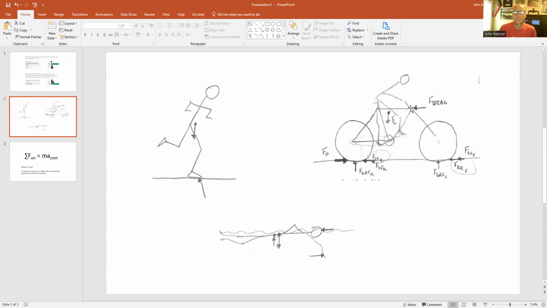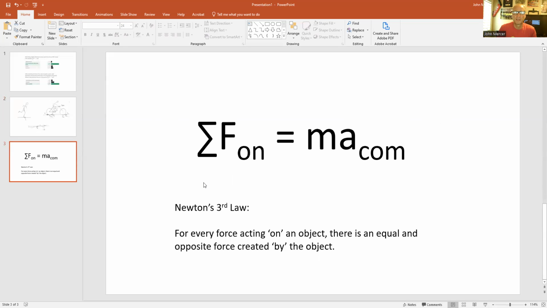That's the equal and opposite, but I do not put that force into the equation F equals ma. Each of these forces has an equal and opposite force that goes along with it, but we do not put that equal and opposite force into the equation. We only put the forces acting on the object into the equation. And that's how we use Newton's second law.